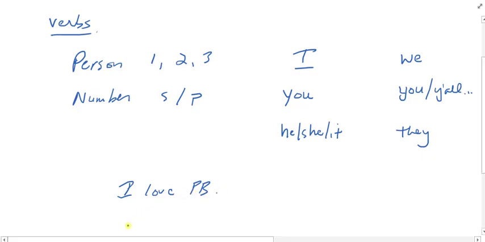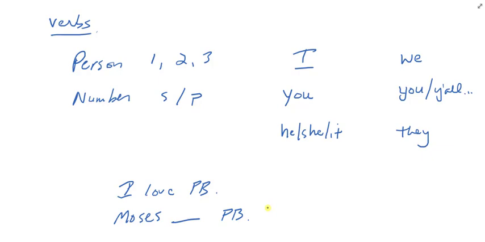If I say, on the other hand, Moses, and I want to use the same verb, okay? What person is that verb form? It's third. How do I know it's third? That's right. If I were to replace Moses with a pronoun, I would use a third person pronoun, wouldn't I? And is it Moses loved peanut butter?